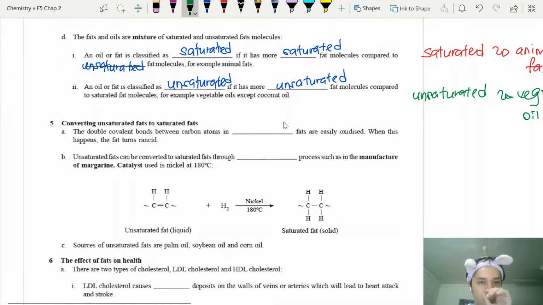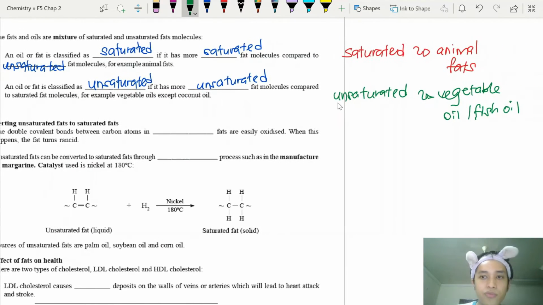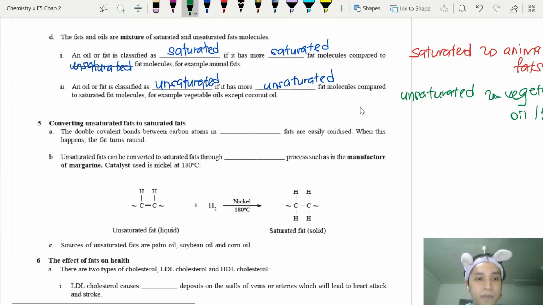So if we say vegetable oil is unsaturated, meaning inside vegetable oil the composition has more unsaturated molecules compared to saturated. So maybe like palm oil, they have 51% of unsaturated. That's why palm oil is considered an unsaturated fat.